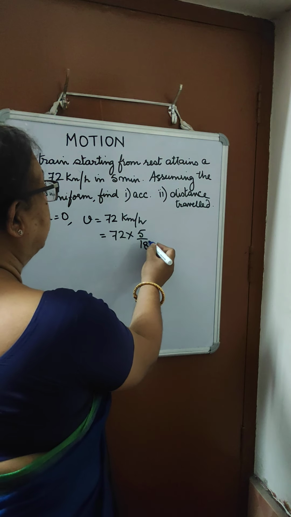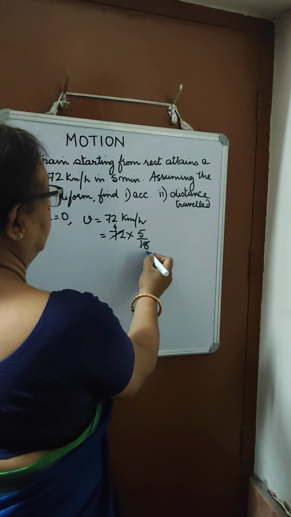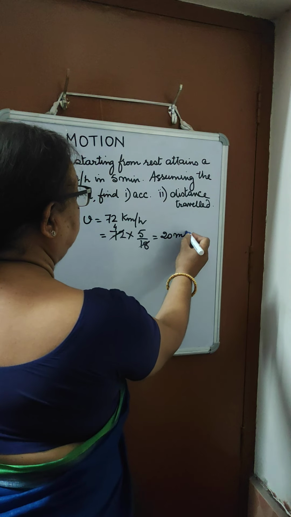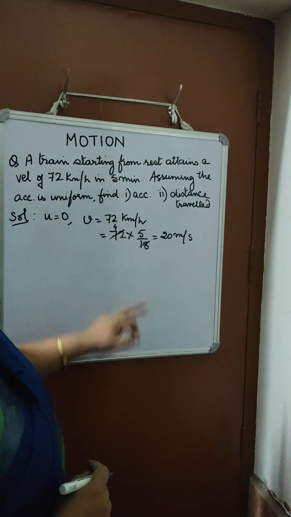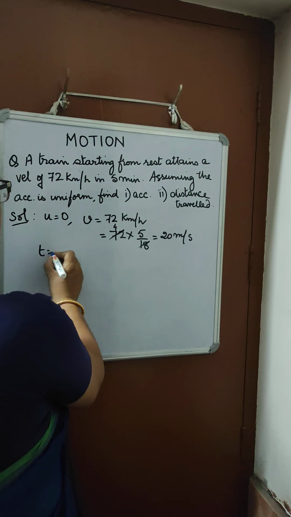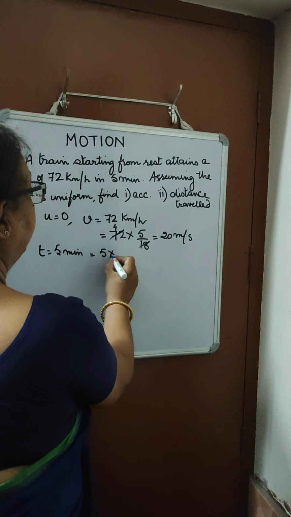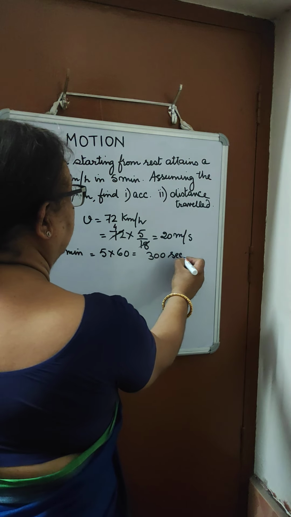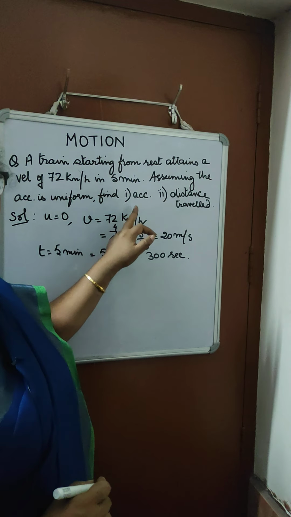So 18 gets cancelled, and this is the final velocity, 20 meter per second. Now we convert this time, given 5 minutes, that is equal to 5 into 60, this much second.